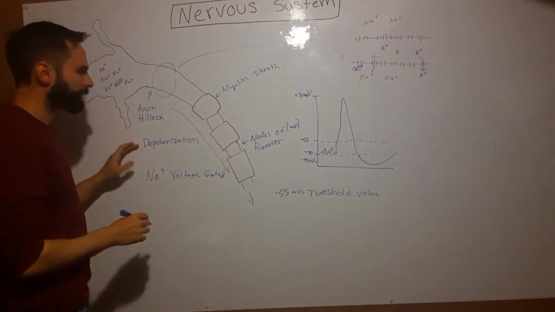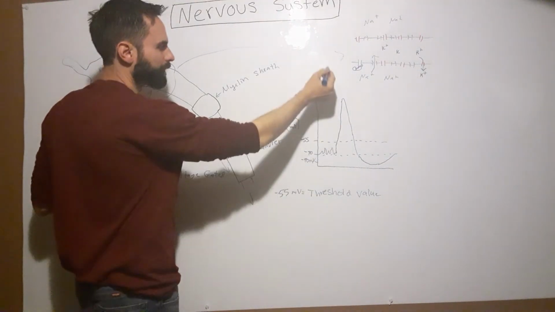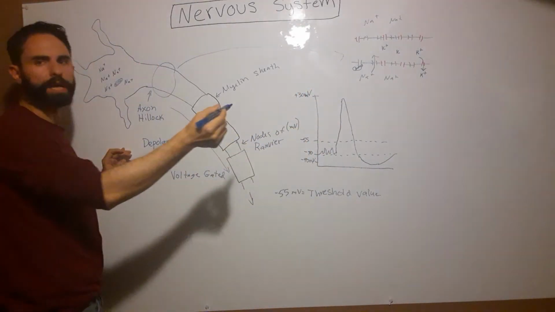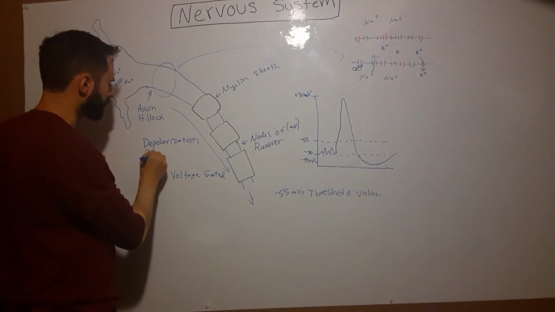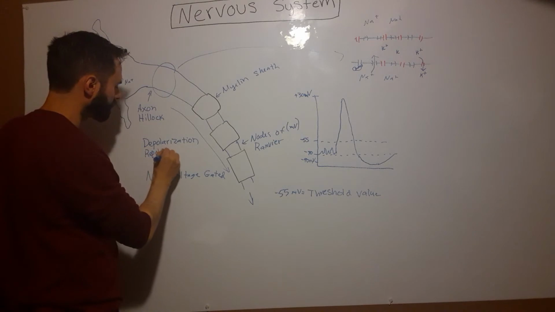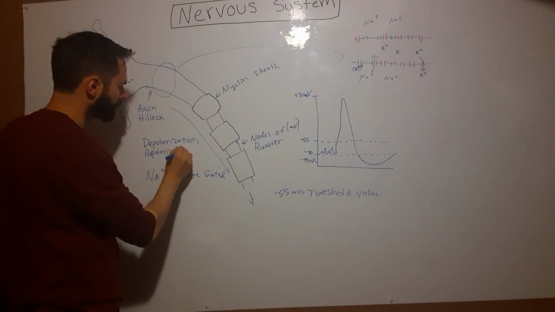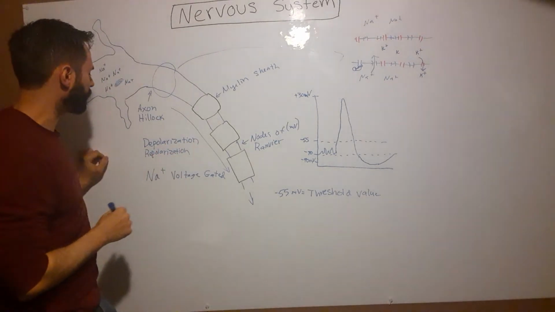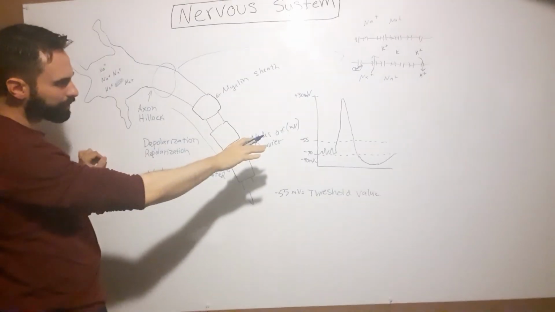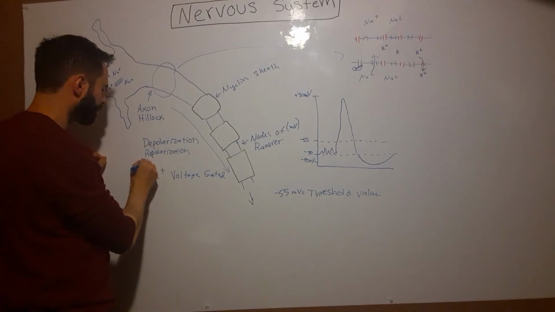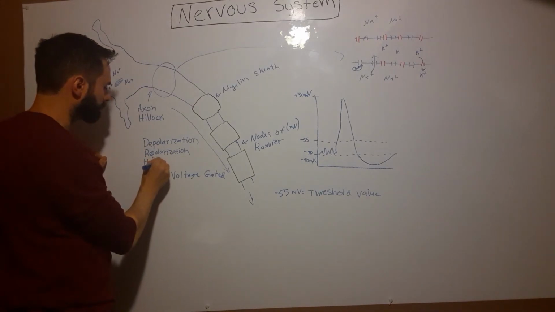So I talked about depolarization. Depolarization is going up. Okay, when the potassium channels open and it starts going out, you're going to have a repolarization effect. Okay, it's going back. Repolarization. Again, some important words. You probably need to know them, especially if you're taking a test on this. Now, when it goes below the resting membrane potential, that is what we call hyperpolarization.